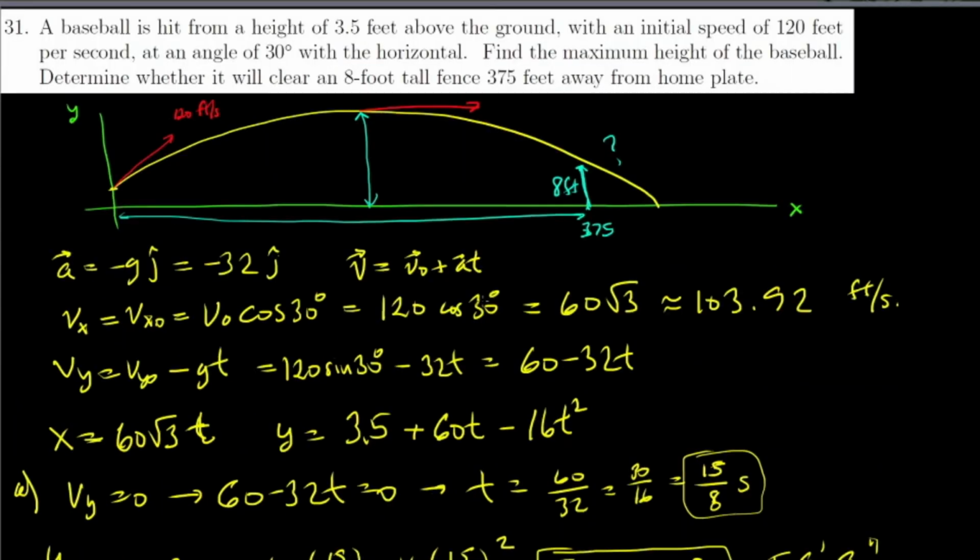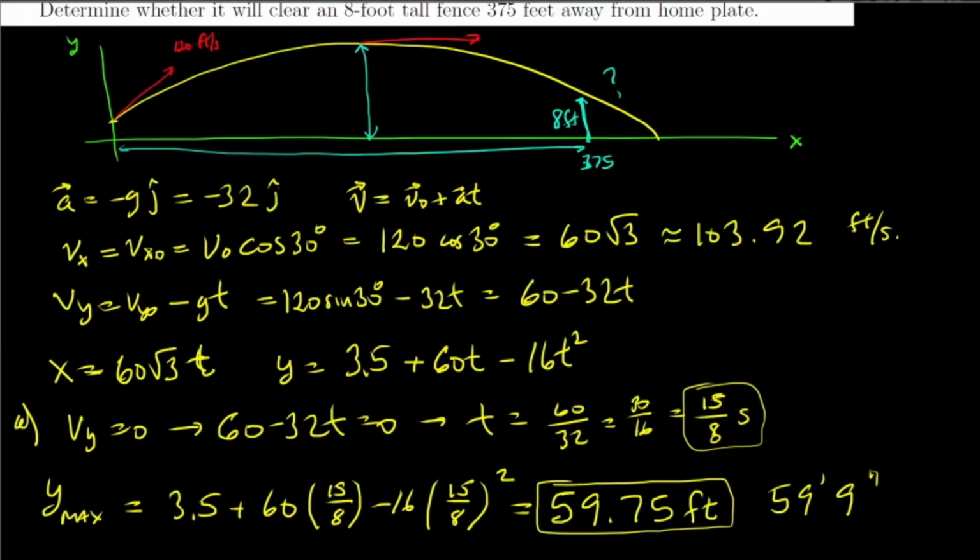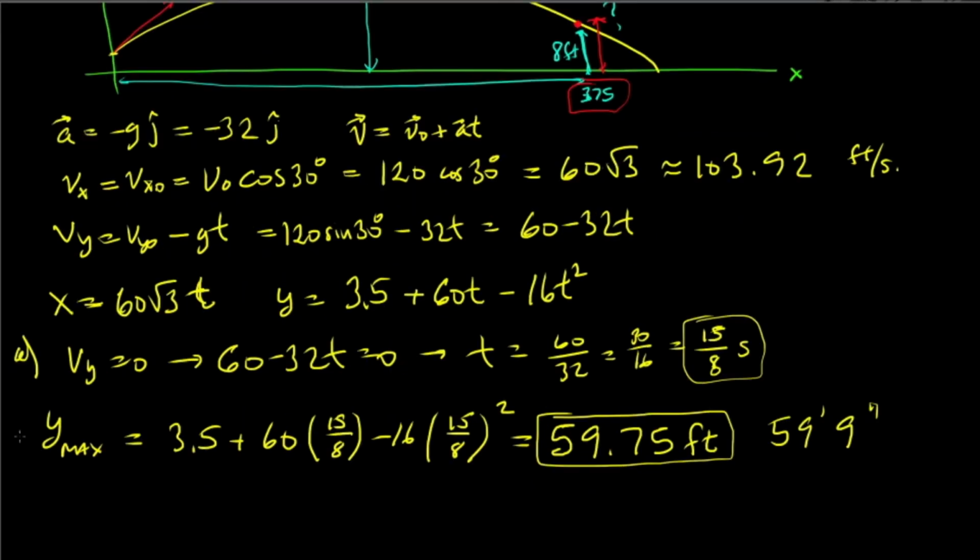All right, so part B then. Determine whether it clears a fence 8 feet tall. So here's one way to go about it. We can determine the height of the ball when x is 375. So when x is 375, what is t? x is 60 square root of 3 times t.